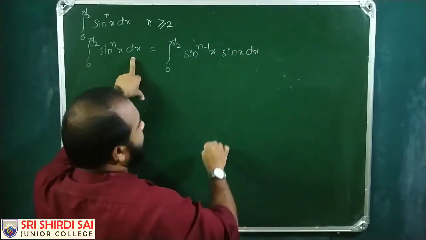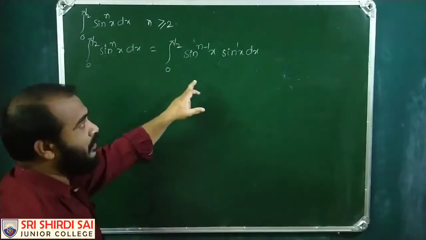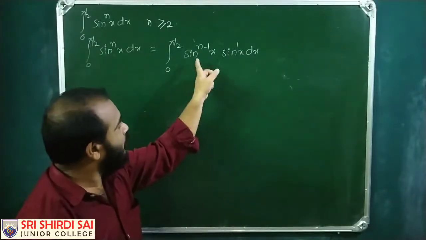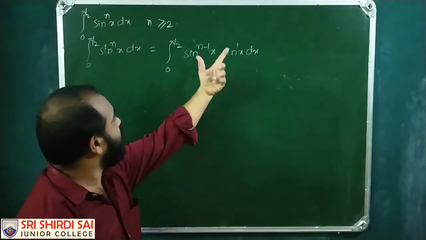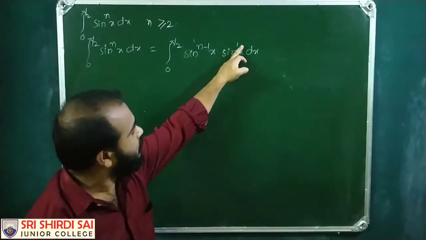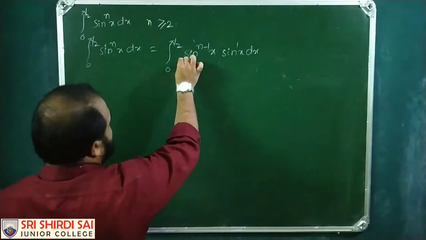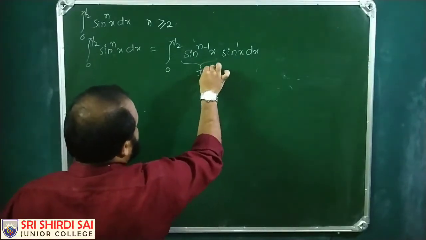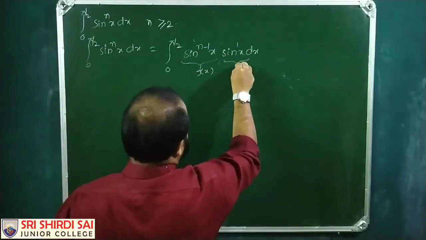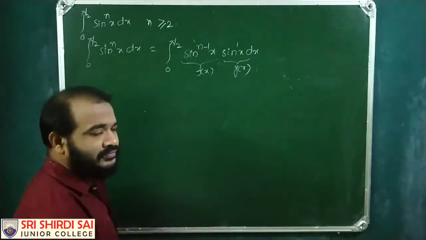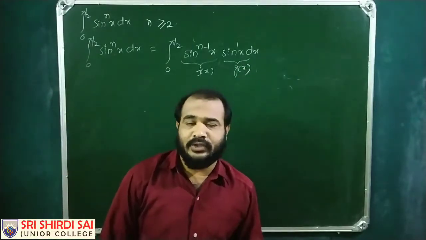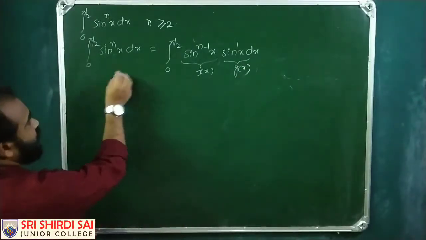When nothing is there, power 1 can be written. When bases are equal, exponents are added: n minus 1 plus 1. So we are left with sine power nx dx. Let us take this to be the first function and this to be the second function. We have the integration by parts formula, so let us use it.